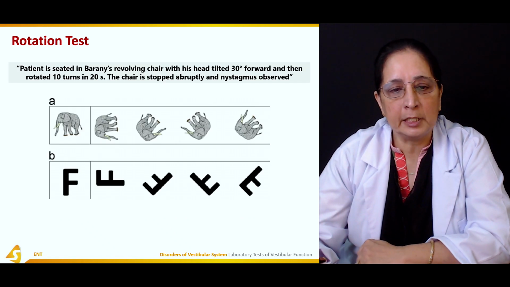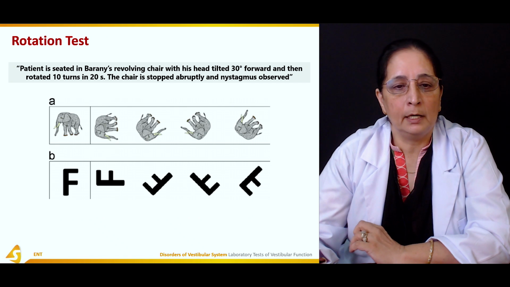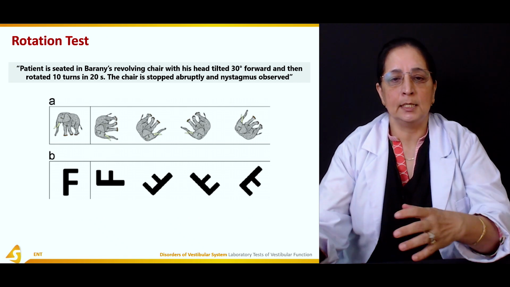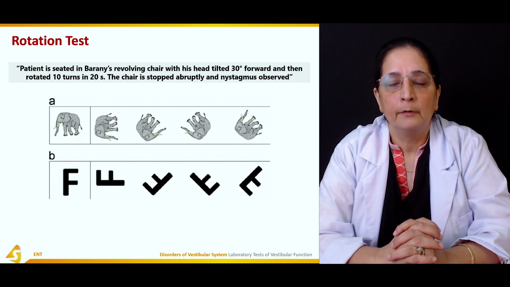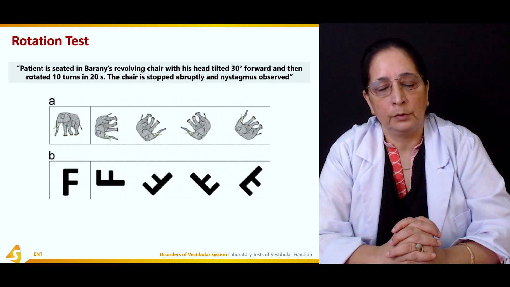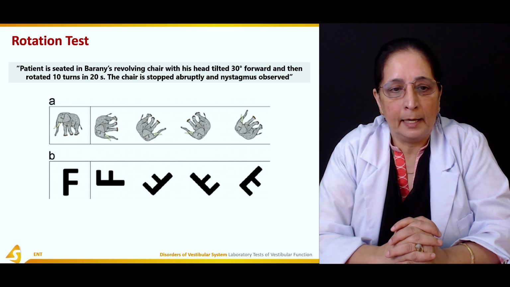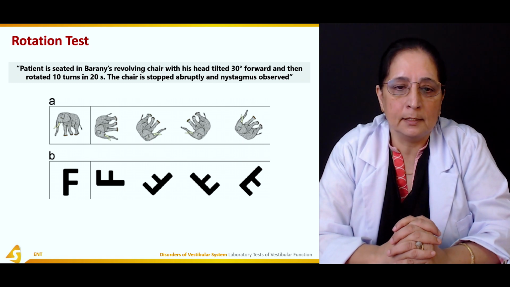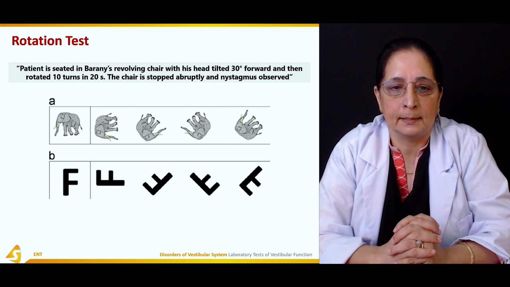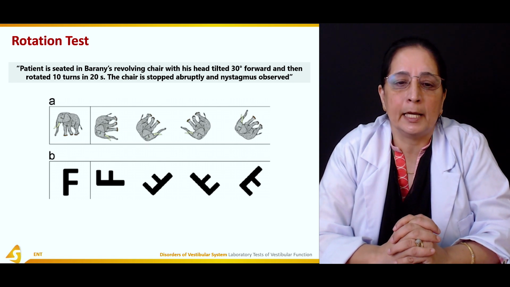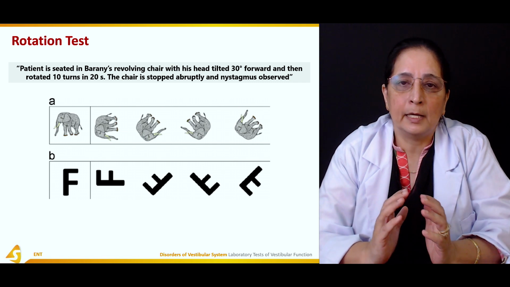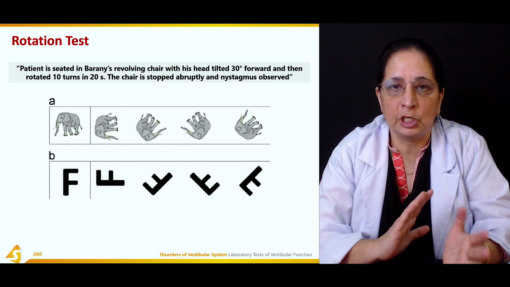Then the rotation test. In this test the patient is seated on Barany's revolving chair with the head tilted 30 degrees forward and then rotated 10 turns in 20 seconds. The chair is stopped abruptly and nystagmus is observed. So as the name shows, it's a rotation test.